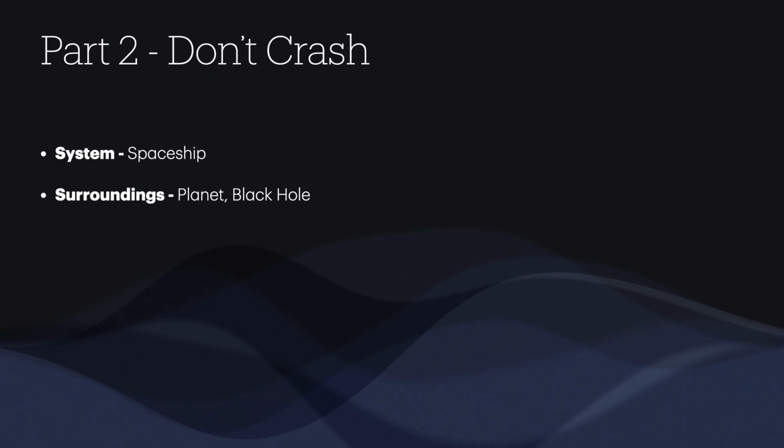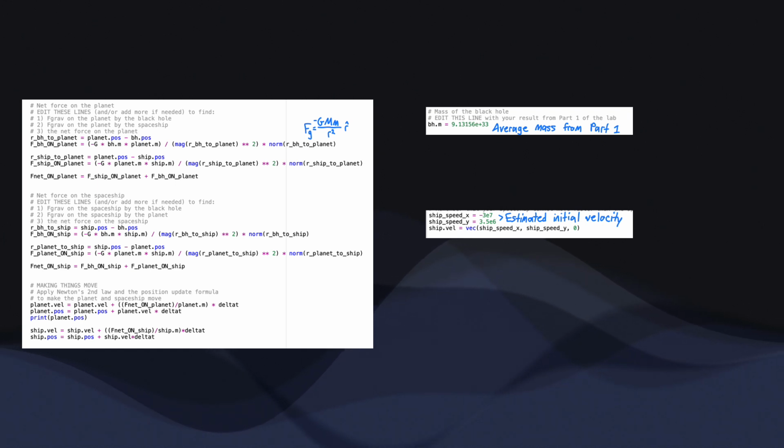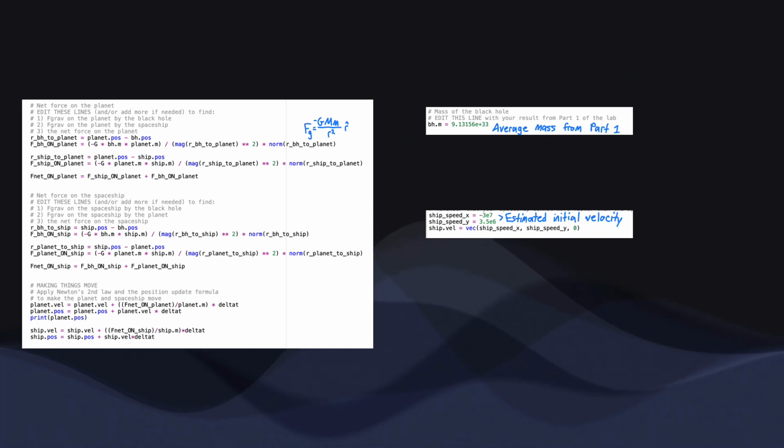For part 2, the system was the spaceship and the surroundings were the planet and the black hole. Here, in the code, I utilized the universal law of gravitation, and then we also utilized the position update formula and the velocity update formula to update the planet and the spaceship's velocity and position.